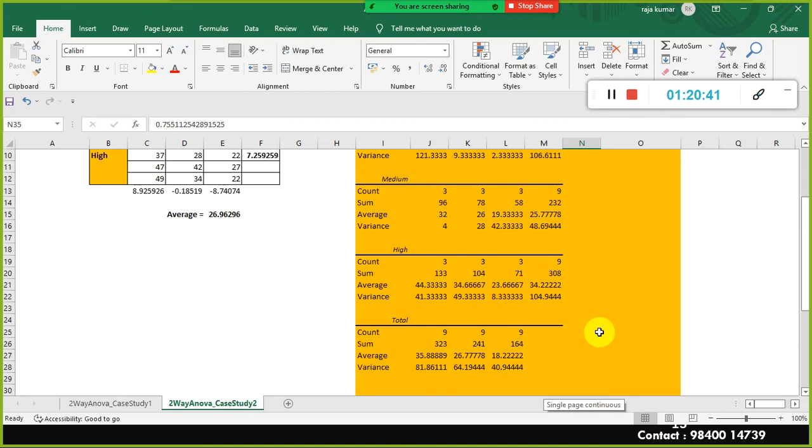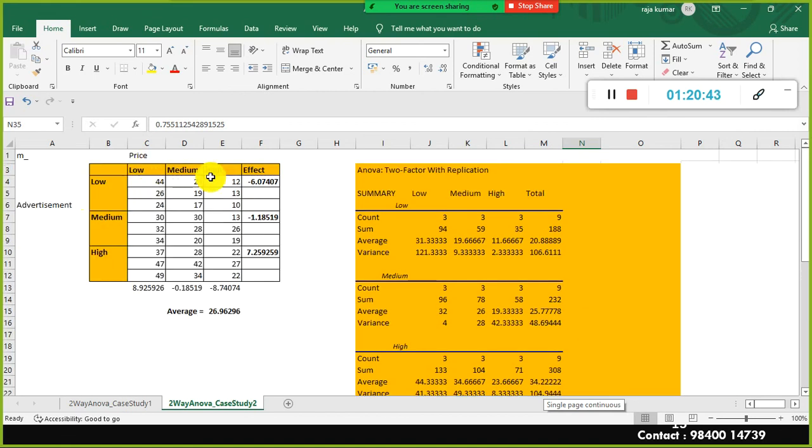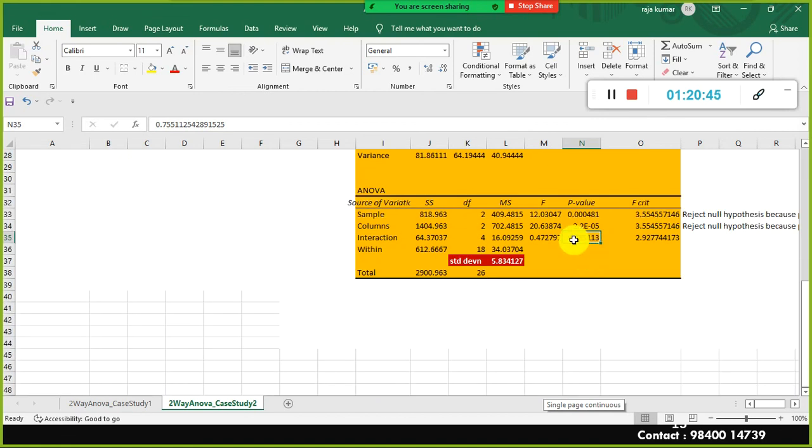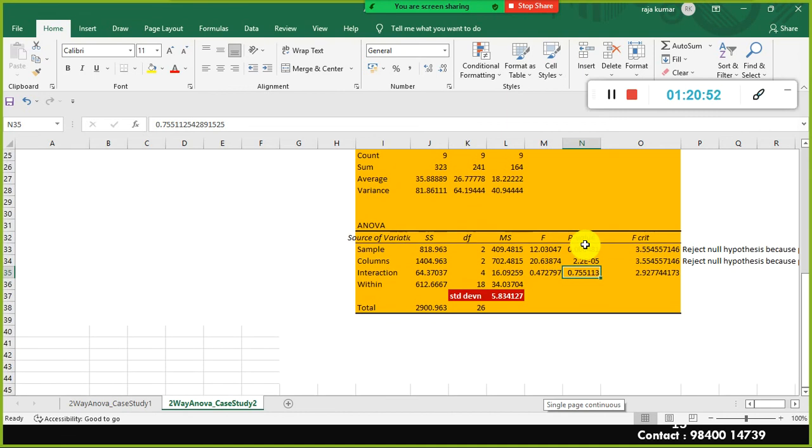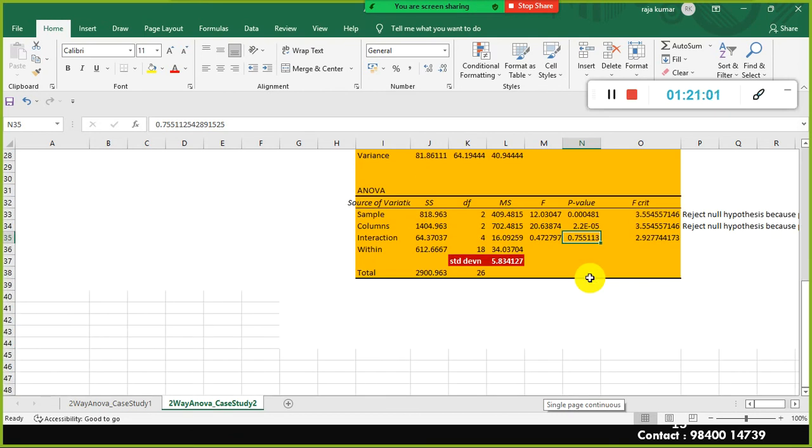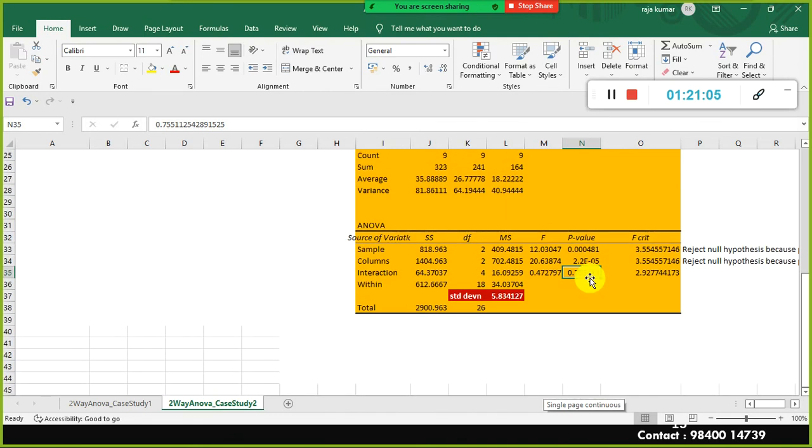But interaction, what does it tell? Does the combination of these two have an influence on the sales? No, 0.75 is not less than 0.05. It is greater, hence we cannot reject the null hypothesis. What is the null hypothesis in this case? The combination of advertisement and price has no influence on the sales.